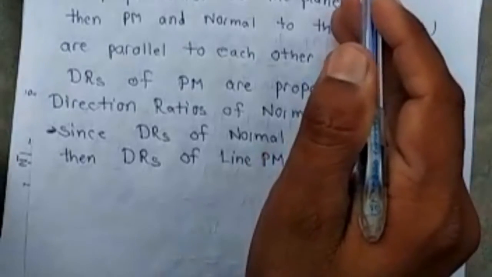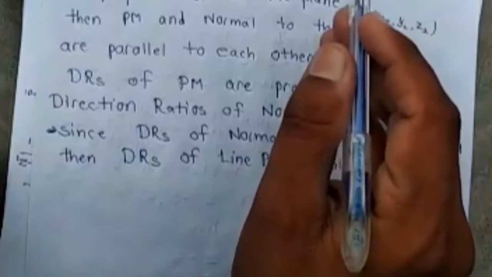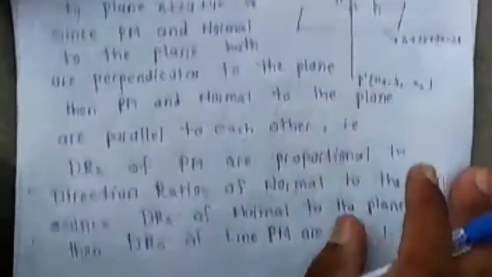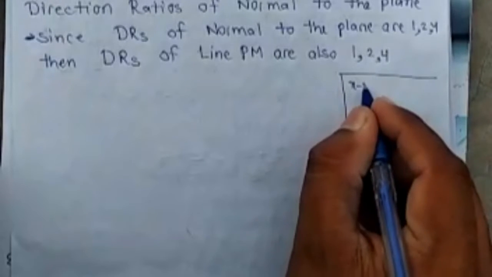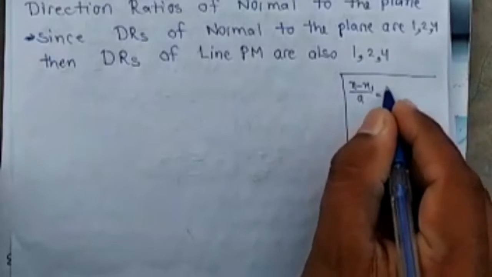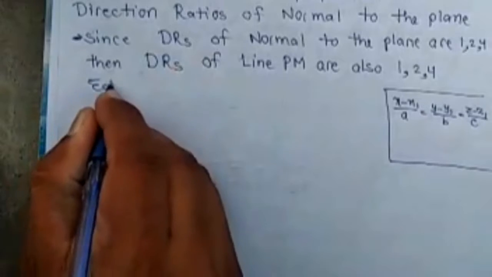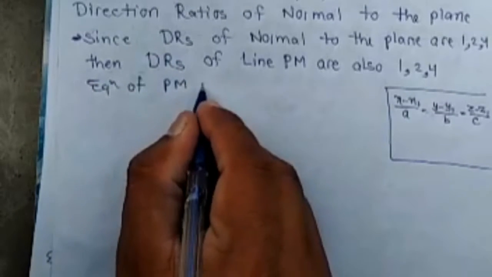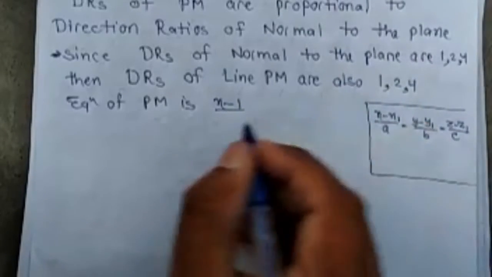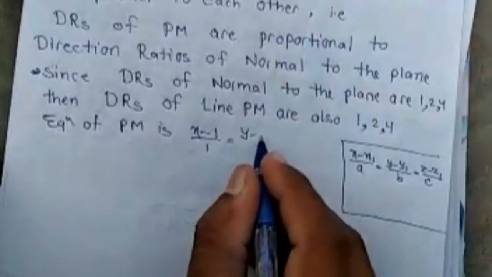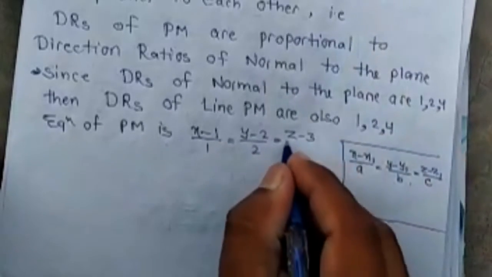Now if we want to find the equation of PM, we have the point (1, 2, 3), meaning x1, y1, z1, and its direction ratio 1, 2, 4. The equation of a line passing through a point x1, y1, z1 having direction ratio a, b, c is (x minus x1)/a = (y minus y1)/b = (z minus z1)/c. Then the equation of PM is (x minus 1)/1 = (y minus 2)/2 = (z minus 3)/4.